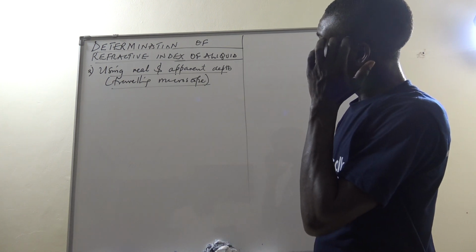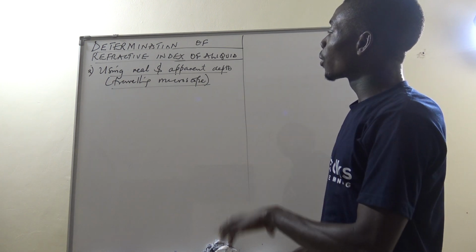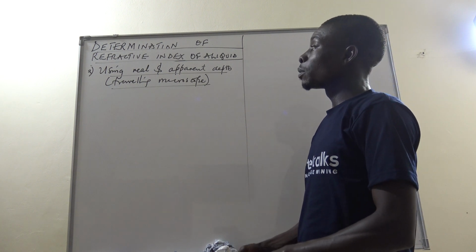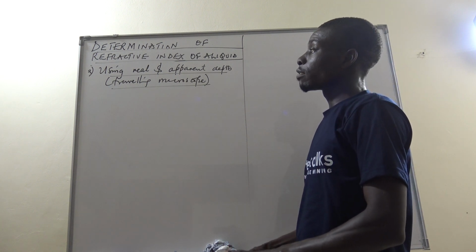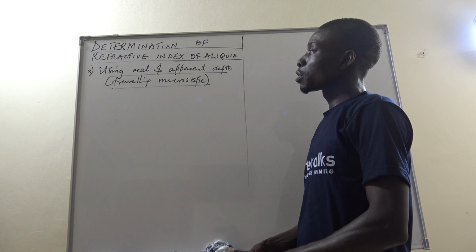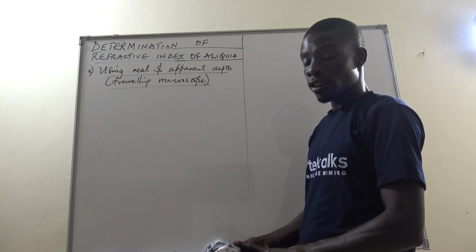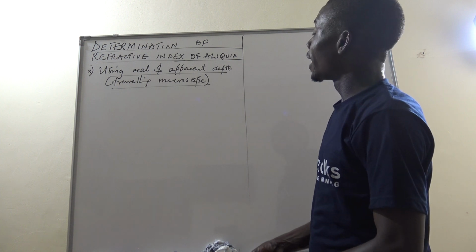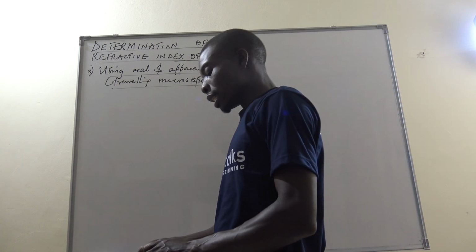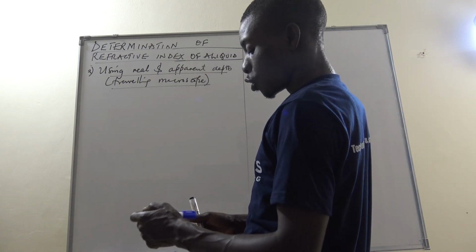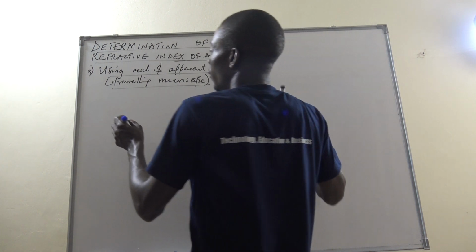So let's look at method 2 of real and apparent depths, and that is a traveling microscope method of determining refractive index of a liquid. So in this experiment, which steps do we follow?